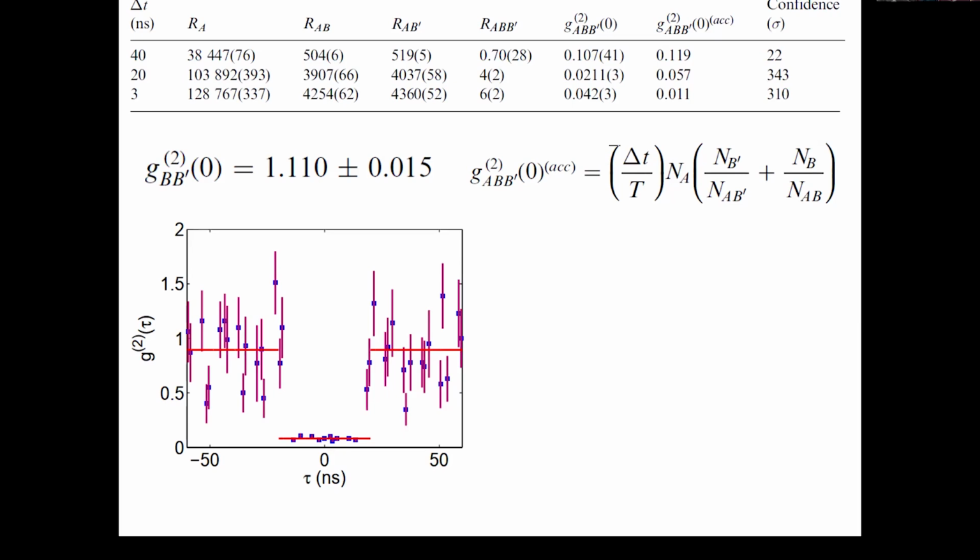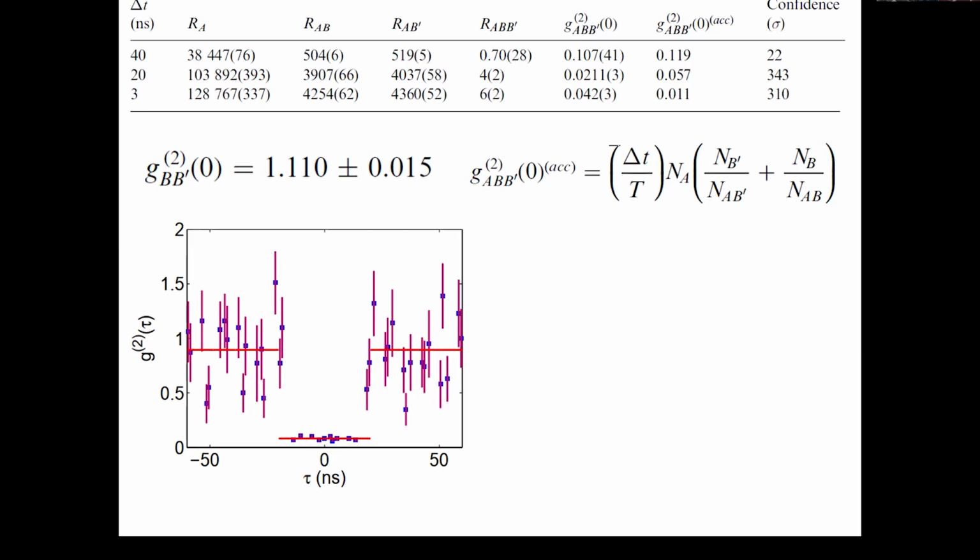Single photon sources do not give anti-bunched light unless you look at both photons together. So light is not quantum unless you look at both of these two arms together. This is the key point.